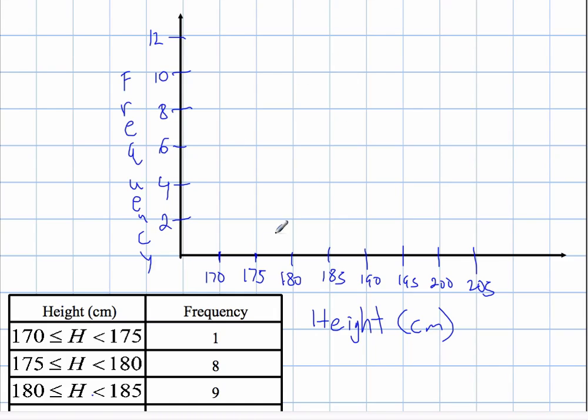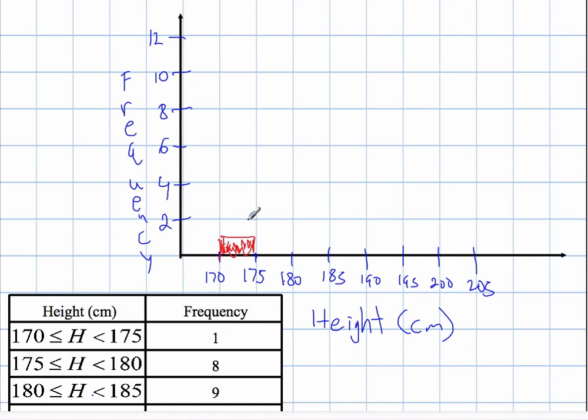Okay, so we're ready to start graphing the data. There's one person, and I'm going to do this in a different color. There was one person in this range, so I'm going to make a horizontal line right here, and that's what my bar is going to look like, so you can color that in.